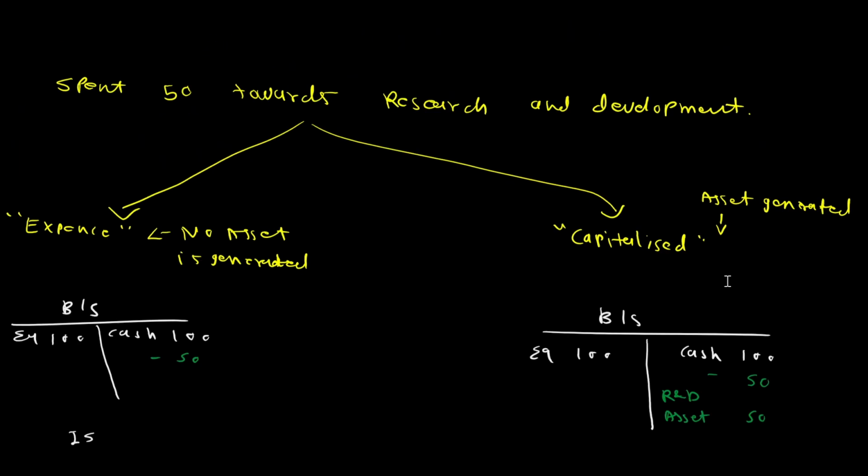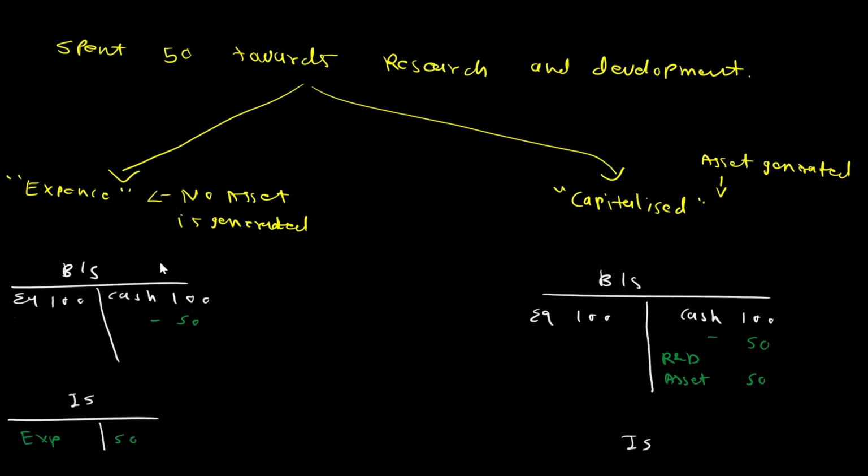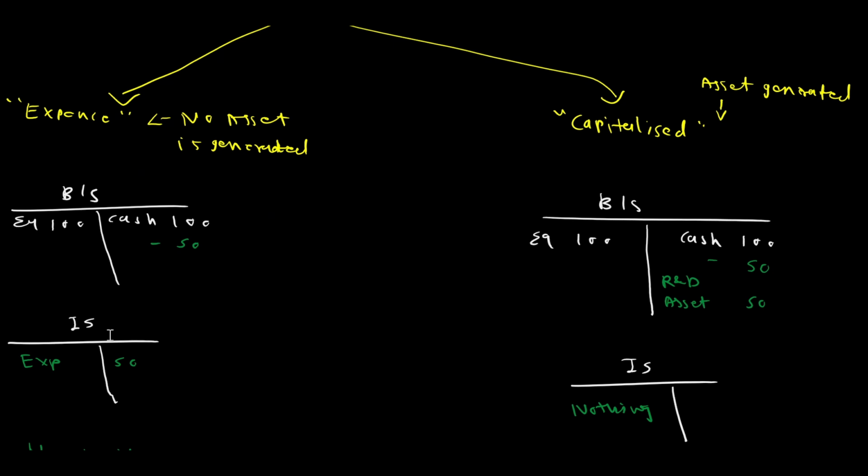So if I know that my research and development will give me economic benefit, I will capitalize it. And if I'm uncertain about the future economic benefit, I will expense it directly to the income statement.